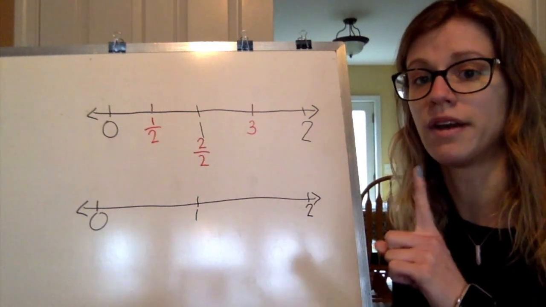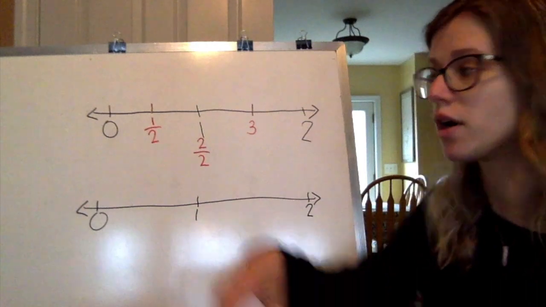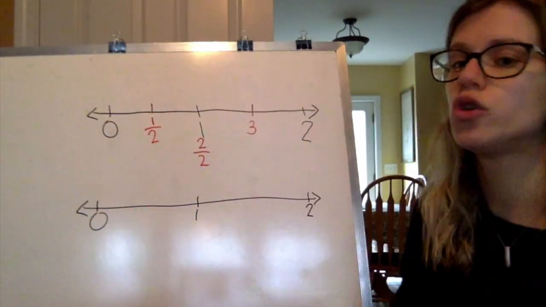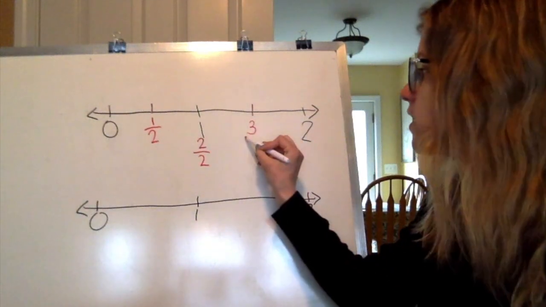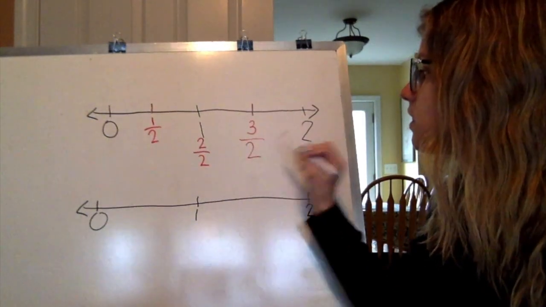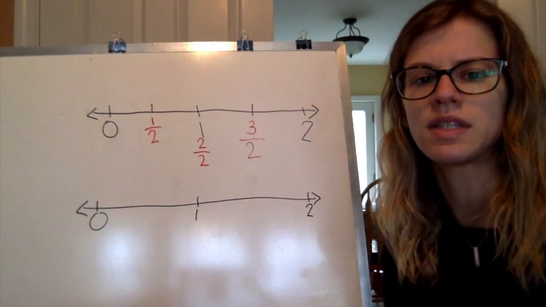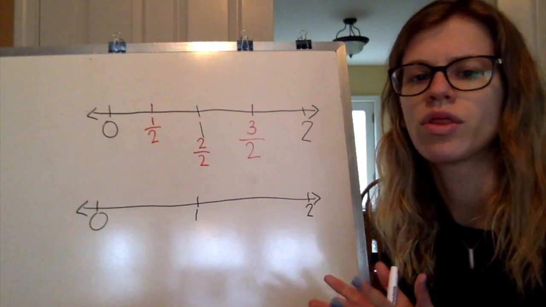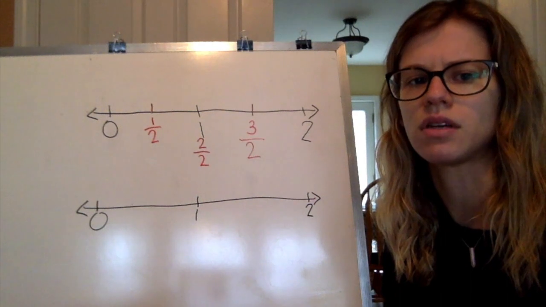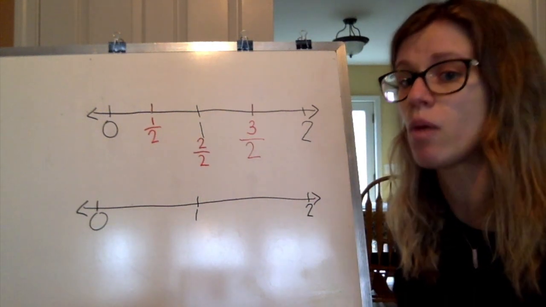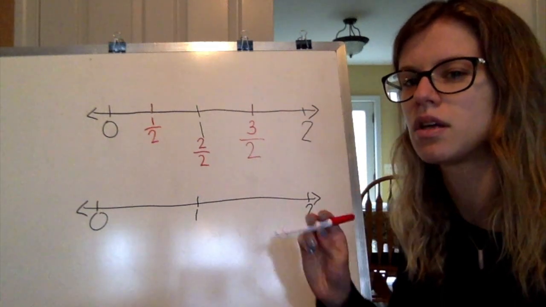What is one whole? How many parts? One whole is 2 parts. So my denominator is going to stay as 2. What I want you to do now is think about, what does 3 halves mean? I really want you to talk to a parent or a sibling and think about, what does 3 halves mean?